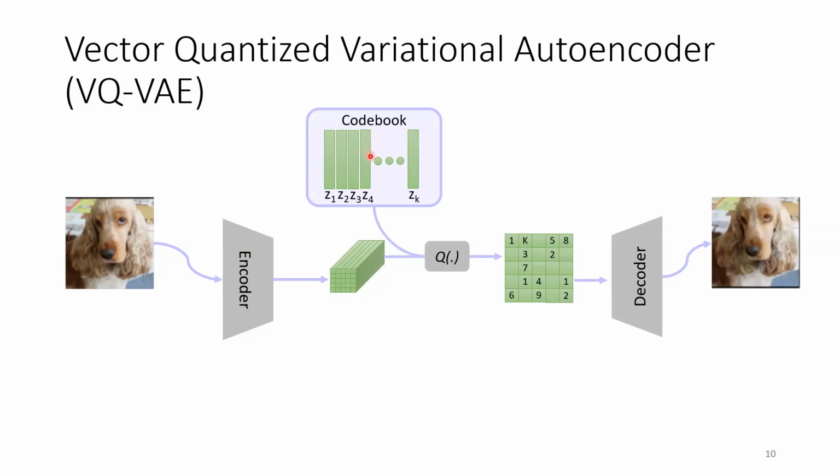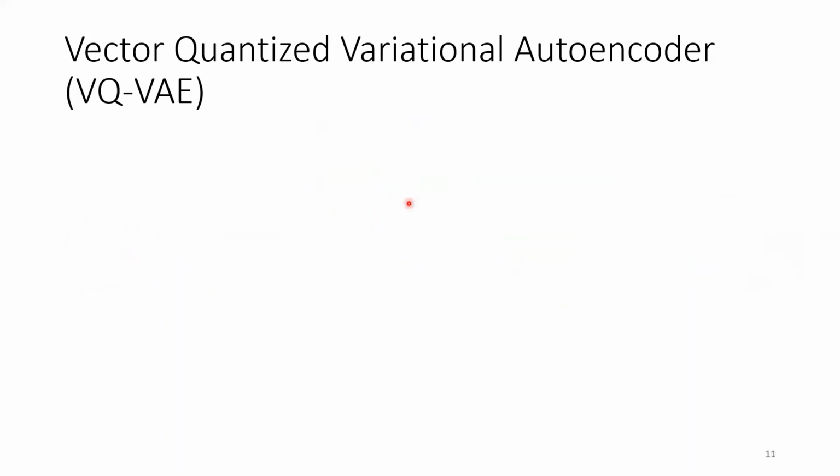Given an image X, we obtain a collection of image tokens with the encoder, and then using the quantizer function, we are able to map these tokens to a 2D representation using a codebook which is of length K. Let's further discuss this in the next slide.